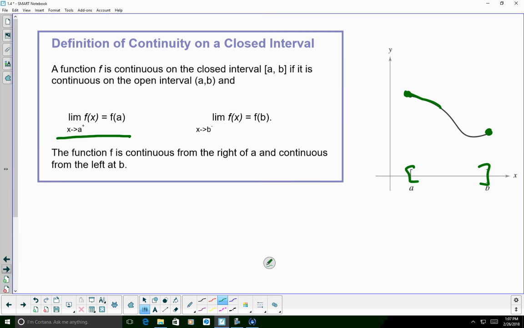I can find the limit as x approaches B from the left, going this direction. But the limit of f of x at A does not exist because I have nothing over here. There's no graph over here. So the plain limit as x approaches A does not exist. But from the left to B it exists, and from the right to A it exists.